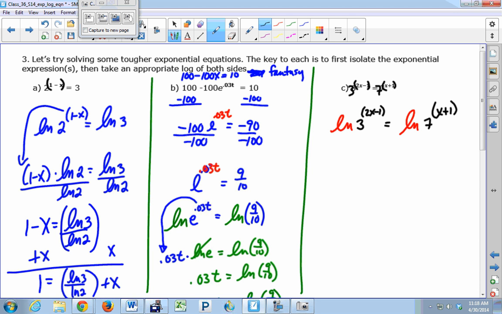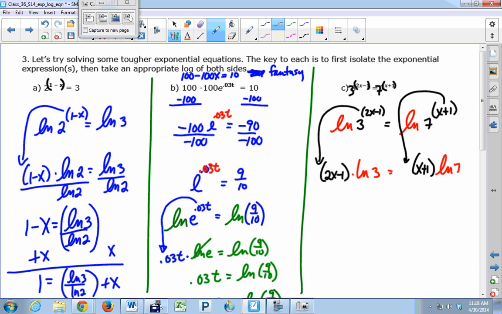Now I use my power rule for logarithms, and I bring down my exponent on both sides. That 2x minus 1 is going to come down out front here, and it's going to simply multiply the natural log of 3. And on my right side, the x plus 1 is going to come down in front and multiply the natural log of 7.